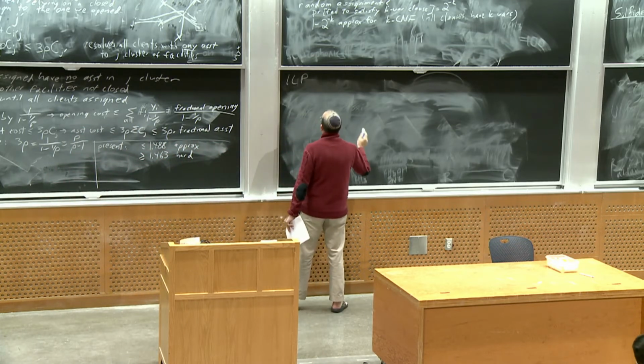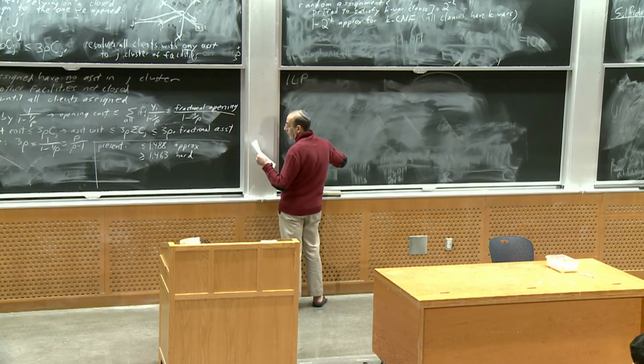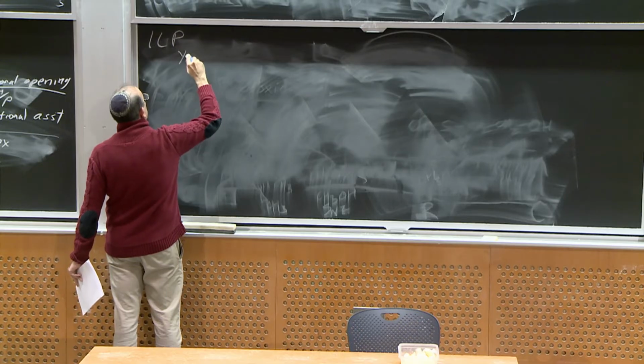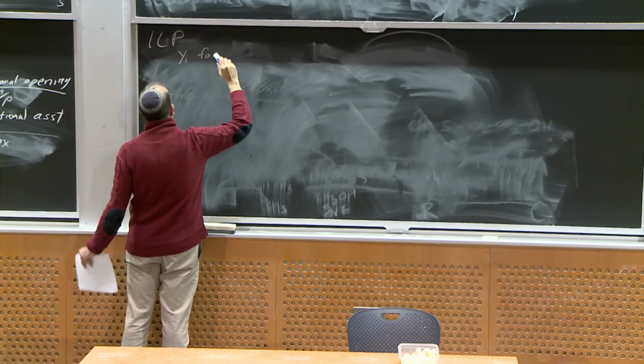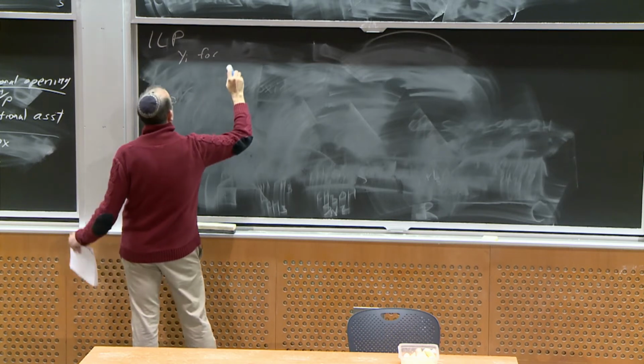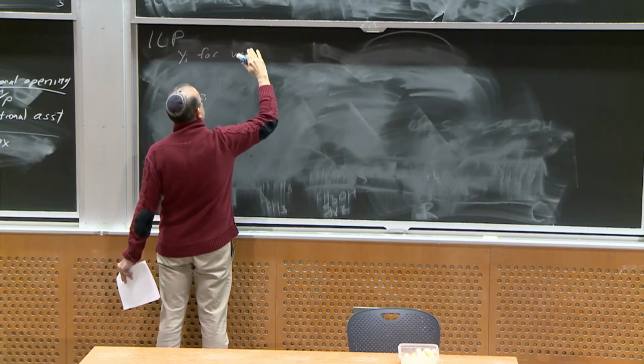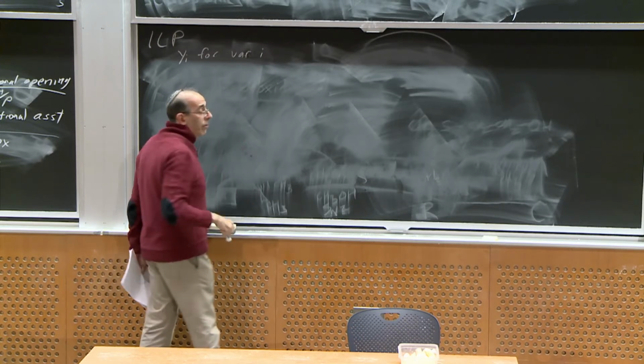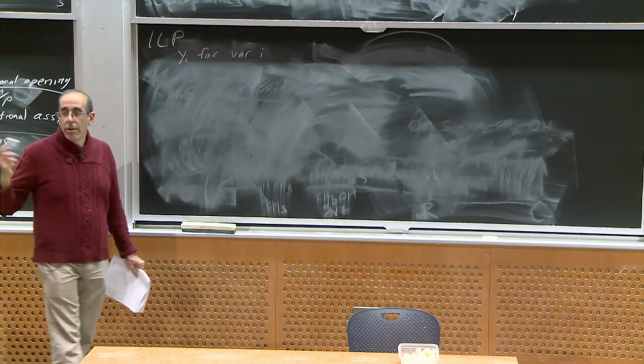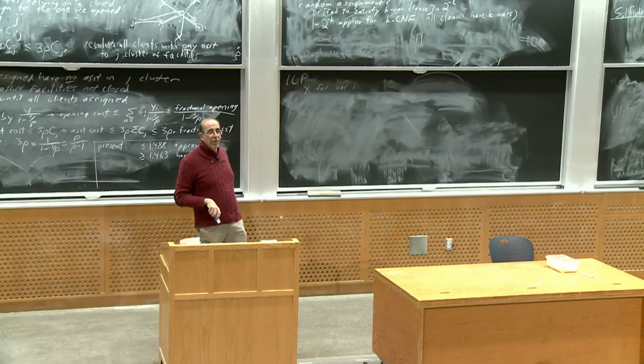So here what I'm going to do is I'm going to have a variable yi for each variable i. Right, so yi is 0 or 1 according to whether the variable is set to true or false.